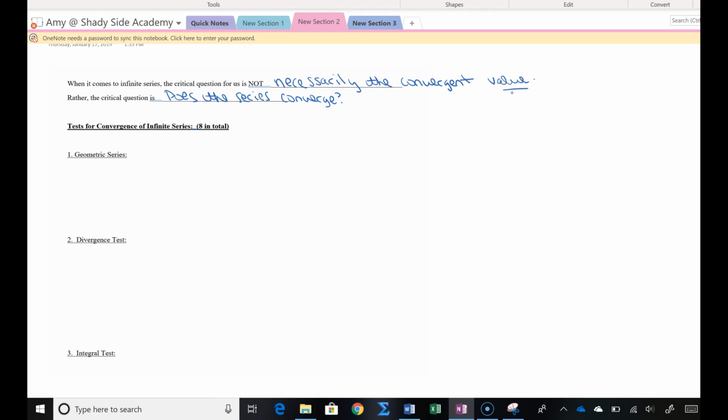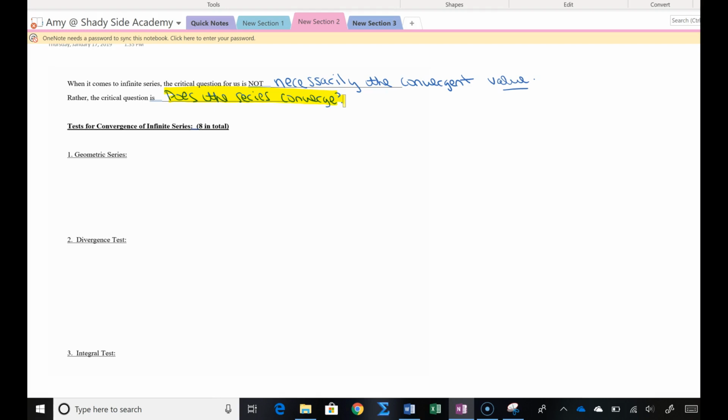to. But really, the critical question that we ask in our work with series is just, does the series converge? What the series converges to, what that infinite sum actually equals, really is not of much interest or use to us in our work tonight, and to be honest, in our work with the calculus of this that we have not yet done, which won't be for another 2 weeks or so.